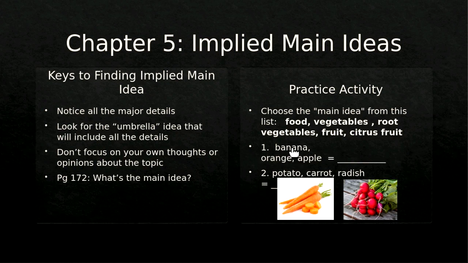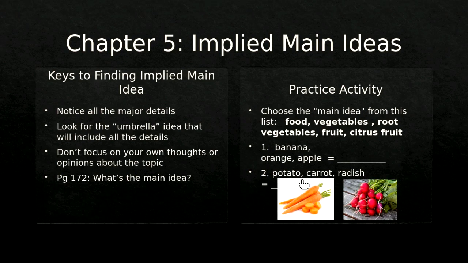You want to choose the main idea that is going to include all of the major details, but it's not going to be so general, like the word food. That's too general. We want to fit it exactly under what it can be. Like the umbrella would be fruit, and then we have three kinds. Okay. Let's do number 2.